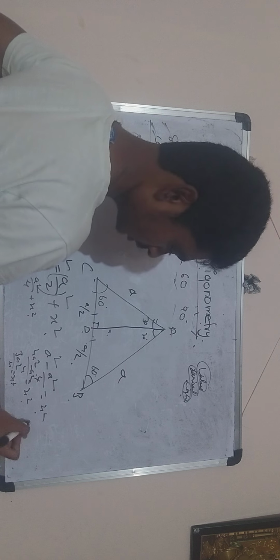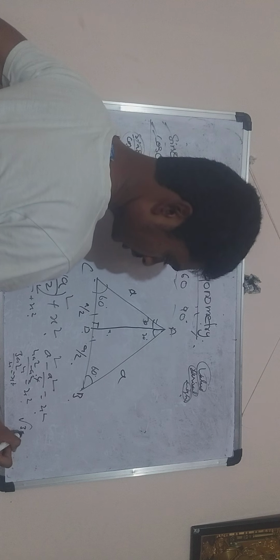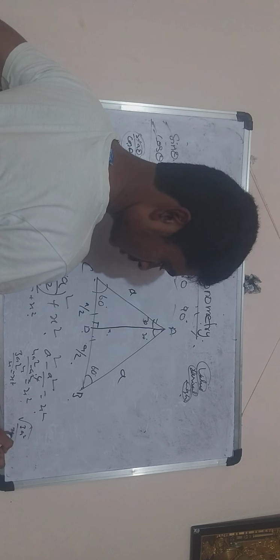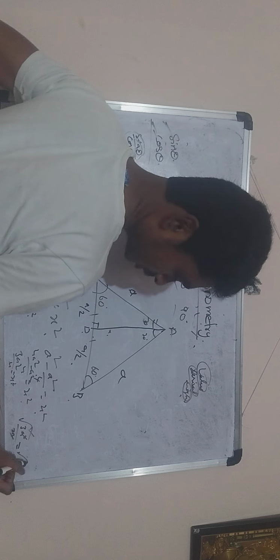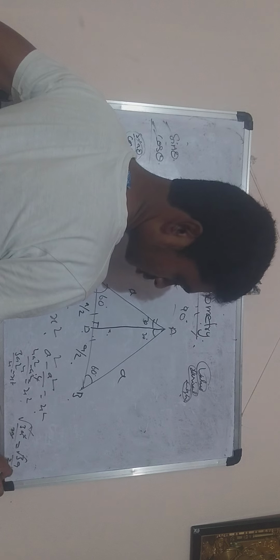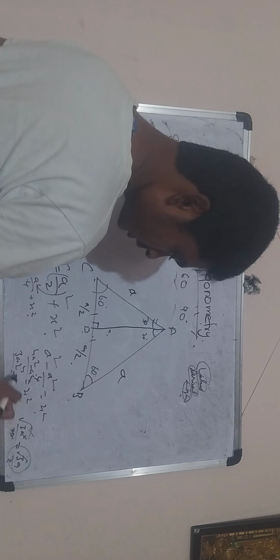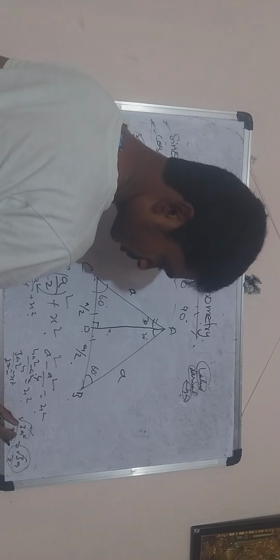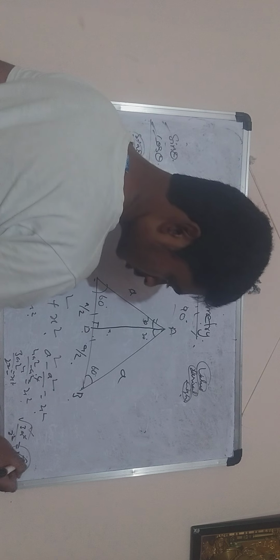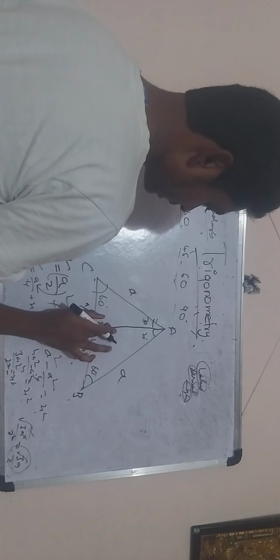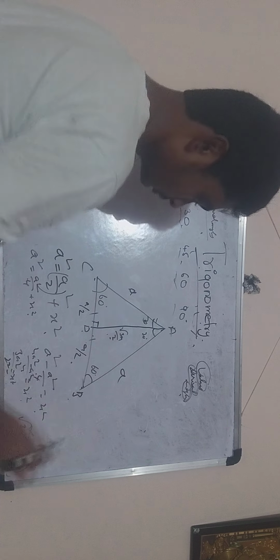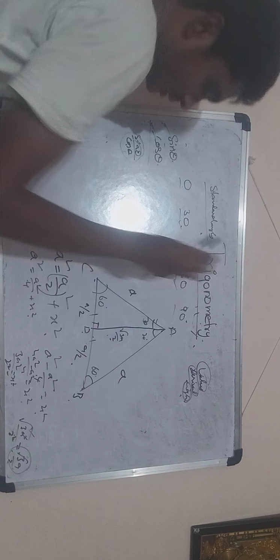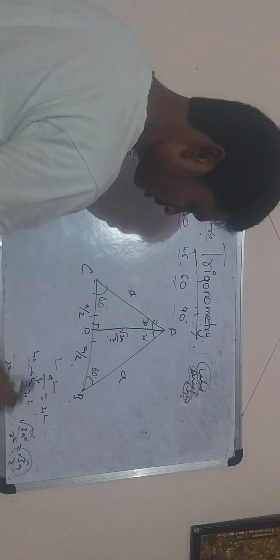Taking the root, x equals root 3A square by 4. The A square comes out of the root, and 4 is written as 2 square, so it's going to be root 3A by 2. The length of this side x is root 3A by 2. After finding this length, now we're going to apply the ratios.